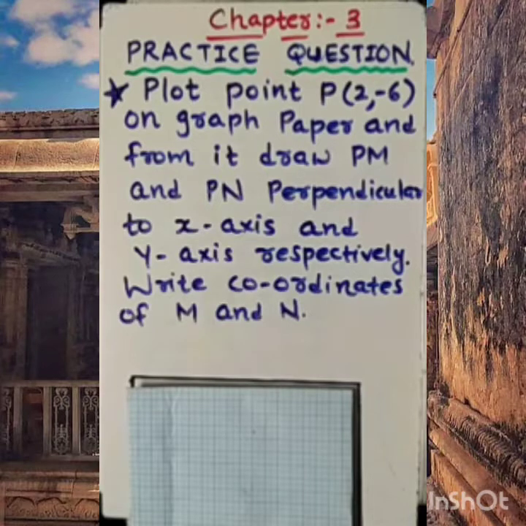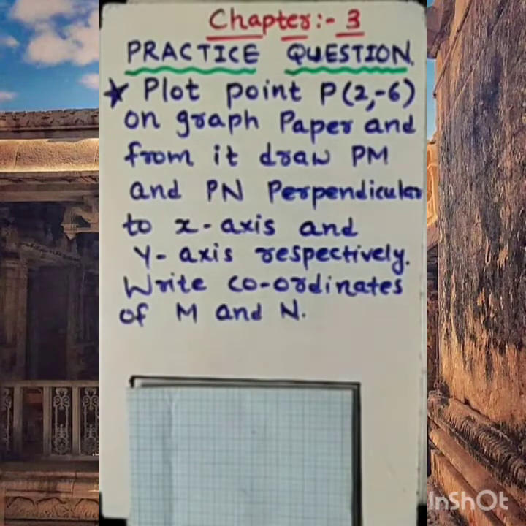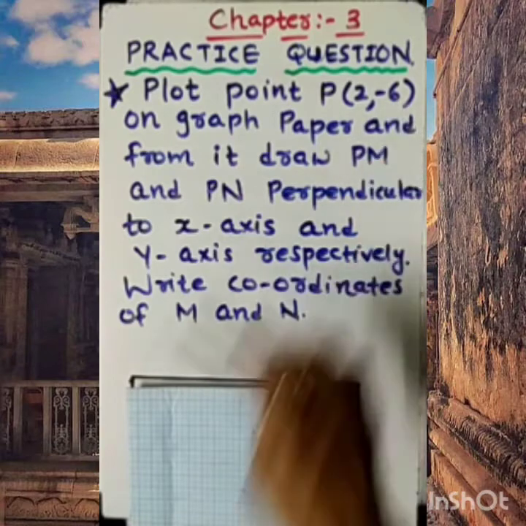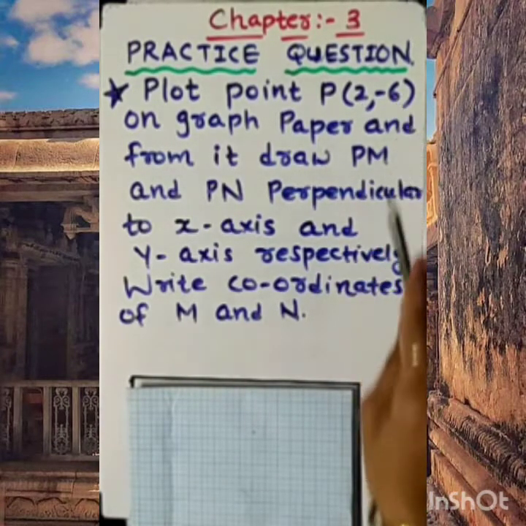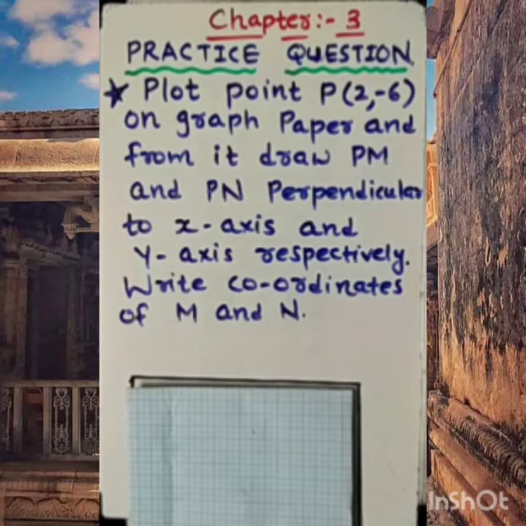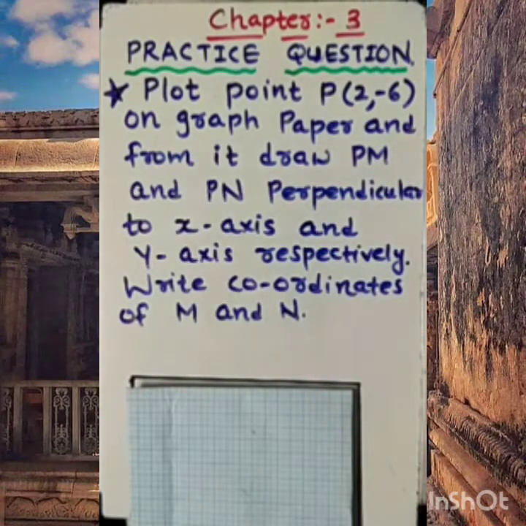Write coordinates of M and N. Fine. So my dear student, here the P point is (2, -6). Abscissa is plus, ordinate minus. So it must lie in the fourth quadrant. So one thing is very clear with us that P point lies in the fourth quadrant.